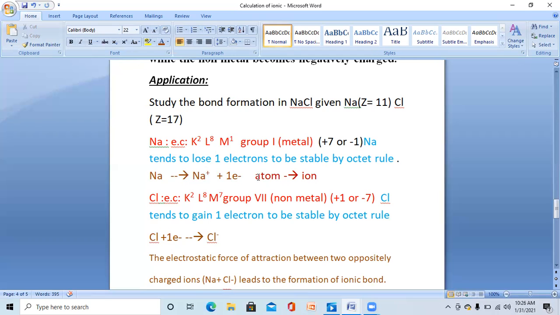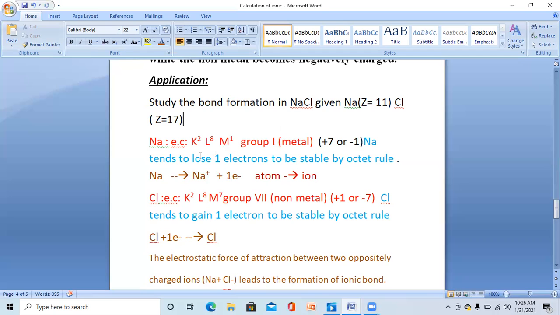So let's see here: what is the atom of sodium? It is Na. Put an arrow. What is the ion of sodium? Since Na tends to lose one electron, it loses one electron. So the ion is Na plus because it loses one electron. Lose means it becomes a positively charged ion, so plus 1.